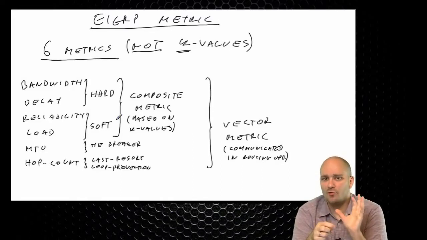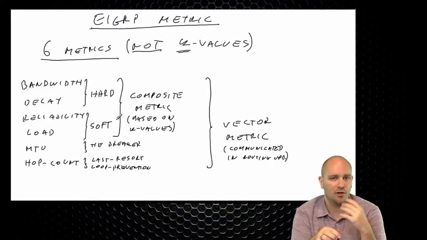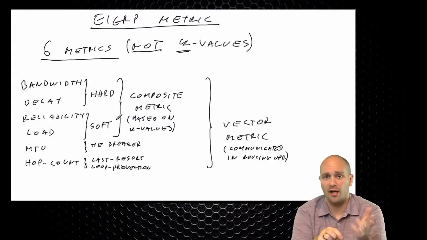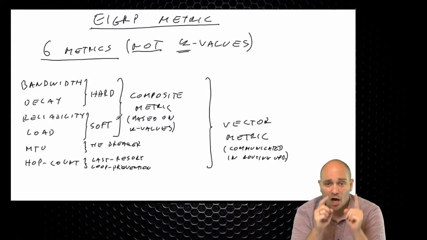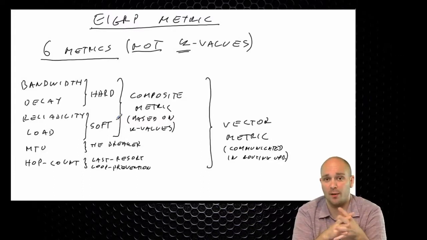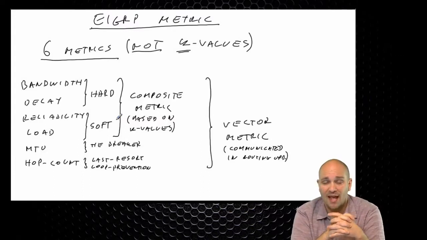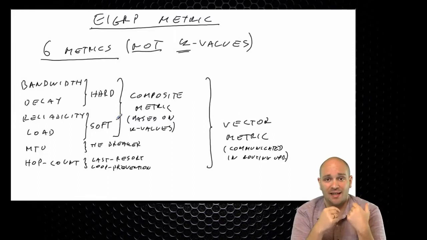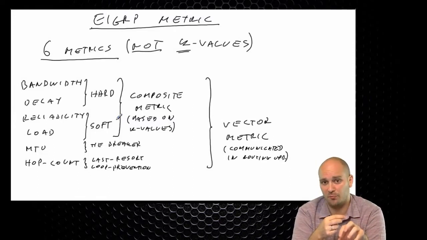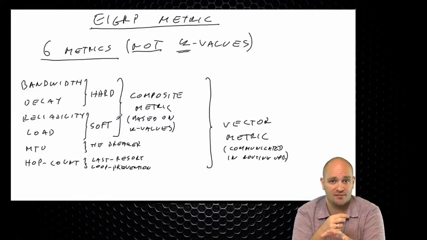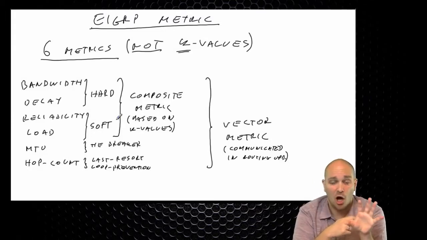Now, when a reconvergence event happens, and a reconvergence event is either the change in hard metrics or the interface going up and down, the current snapshot value of reliability and load will be taken and put into the routing update and sent. So a change in the soft metric does not trigger the reconvergence event, only a change in hard metrics.